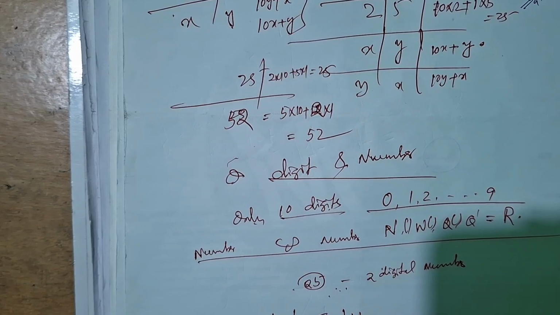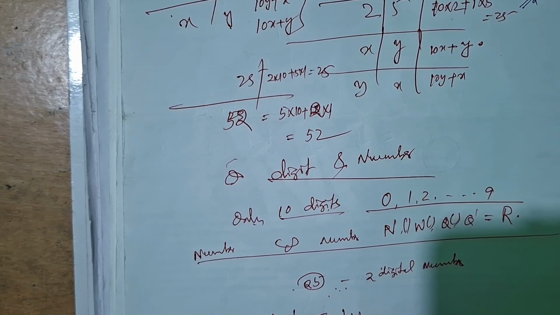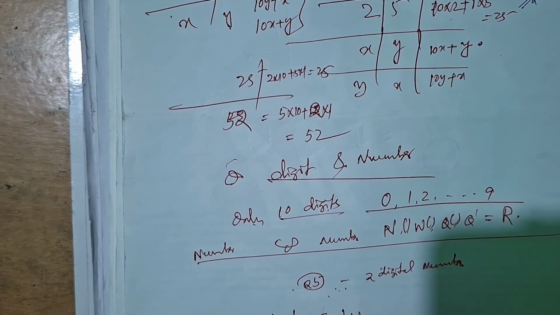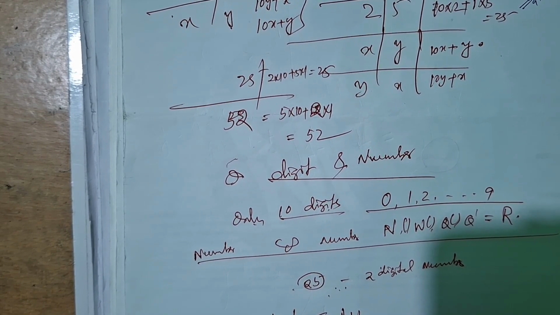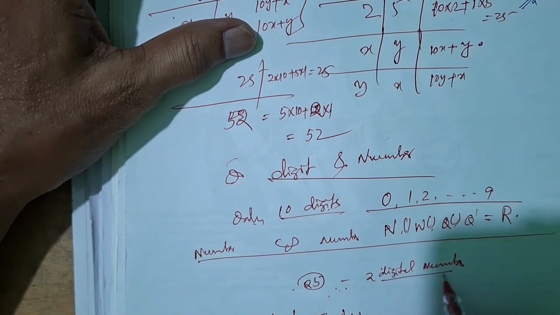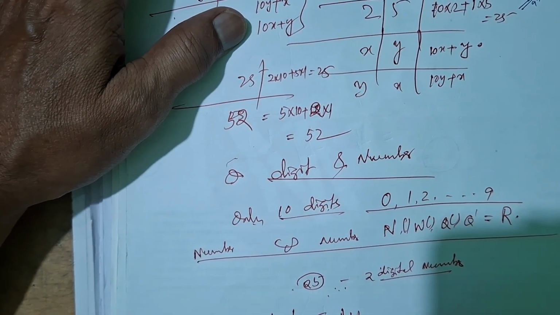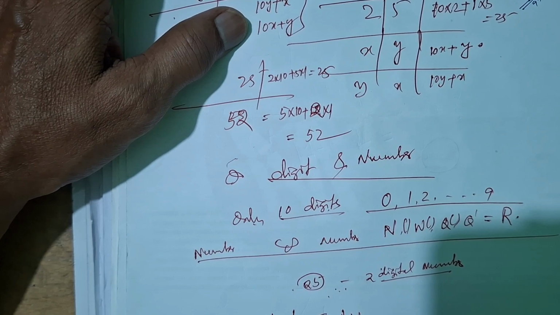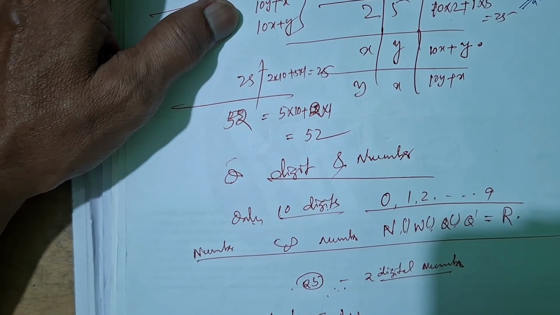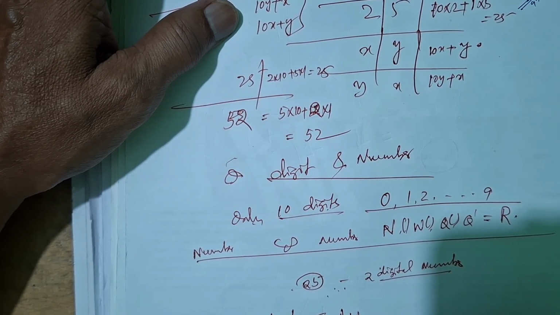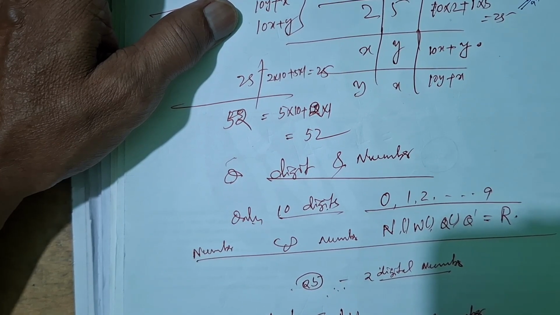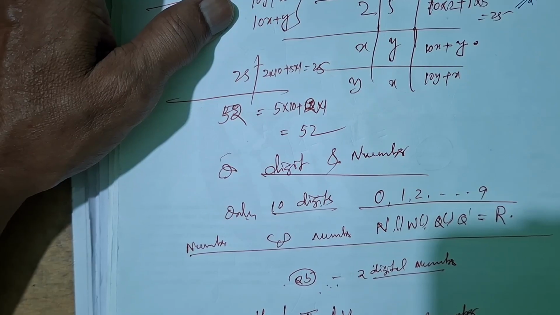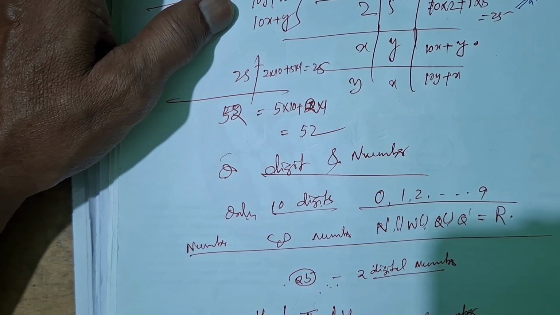For example, 100 plus 1, 10 plus 2, unit plus 3, that's 123. And 103 is a 3-digit number. A 3-digit number means it has 3 digits, in the unit place, tens place, and hundreds place.